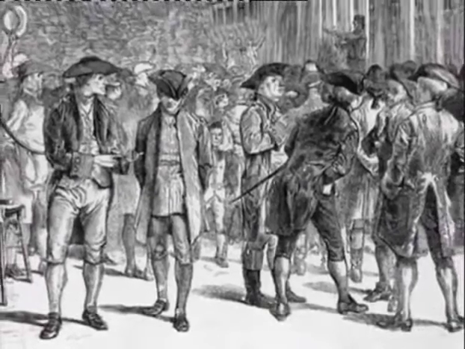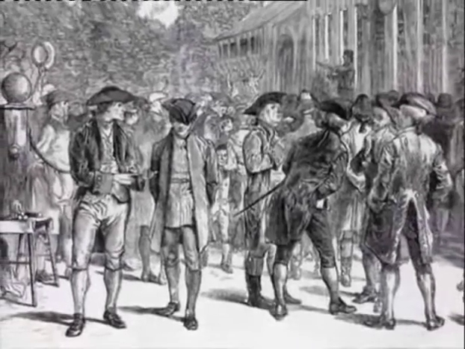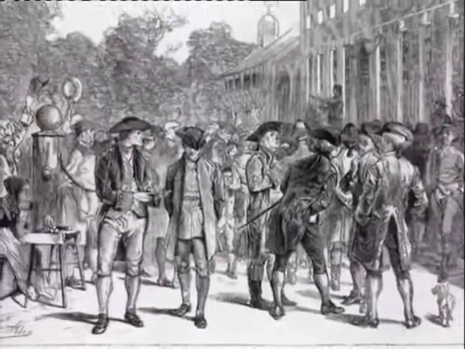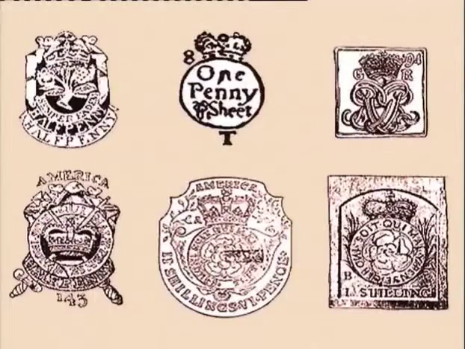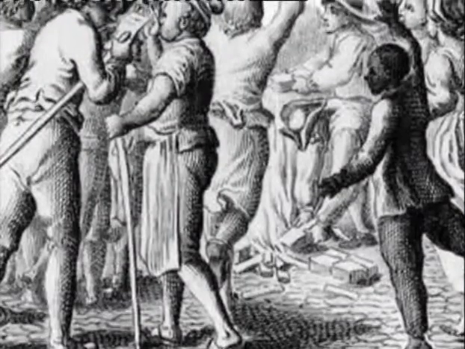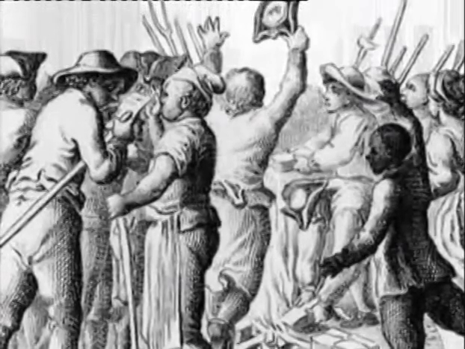Adopting the view that the colonies should pay a substantial portion of the costs associated with keeping them in the empire, Britain imposed a series of taxes, followed by other laws that proved extremely unpopular.